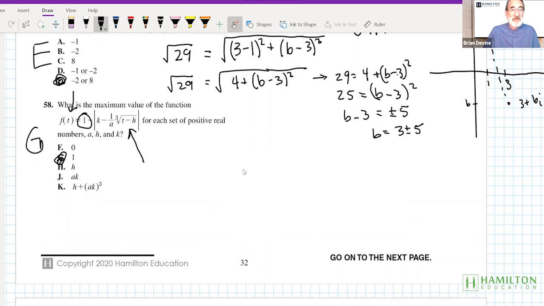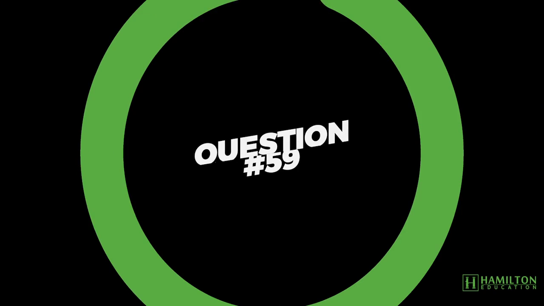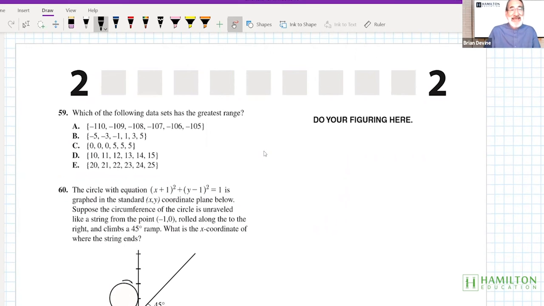Tricky little problem. For number 59, we're asked which of the following data sets has the greatest range. Well, the range is the largest number minus the least number. And so if we look at that, negative 105 minus negative 1010 gives us a range of 5 for the first one.